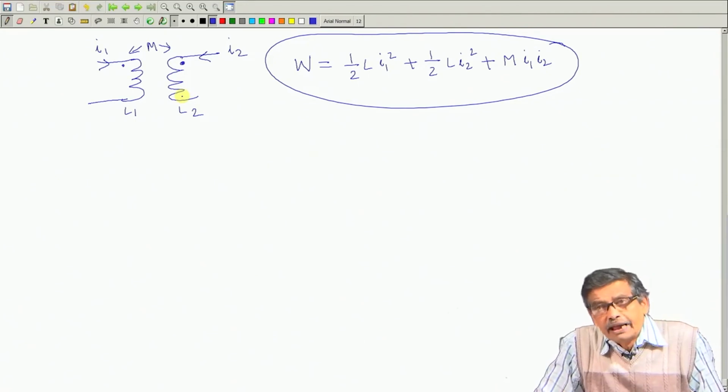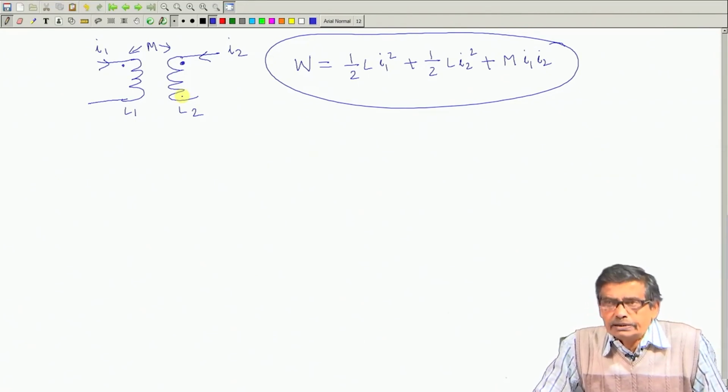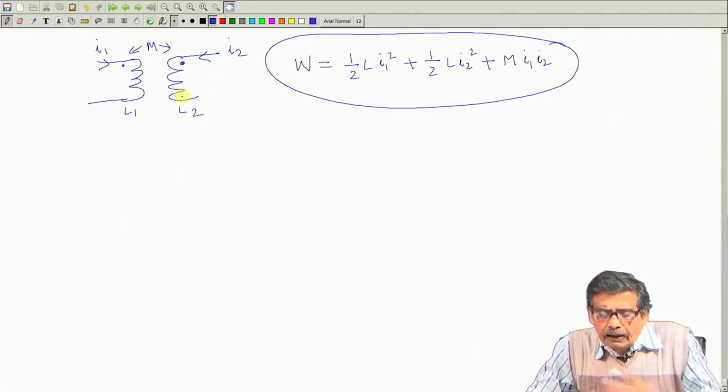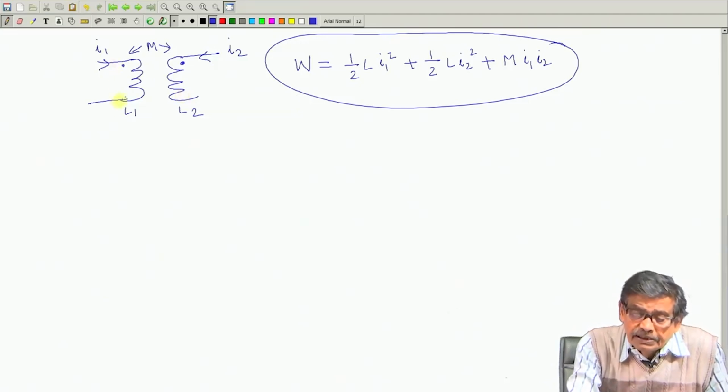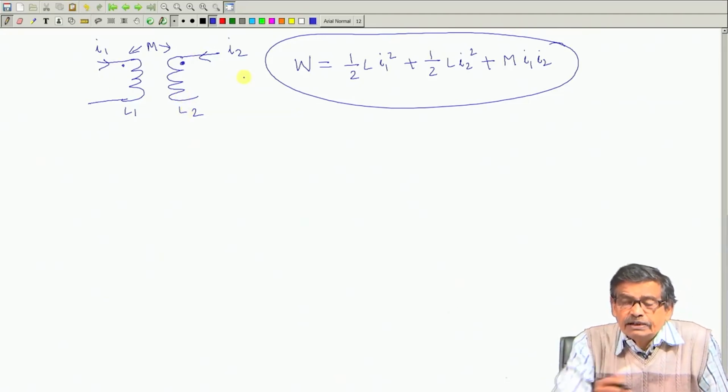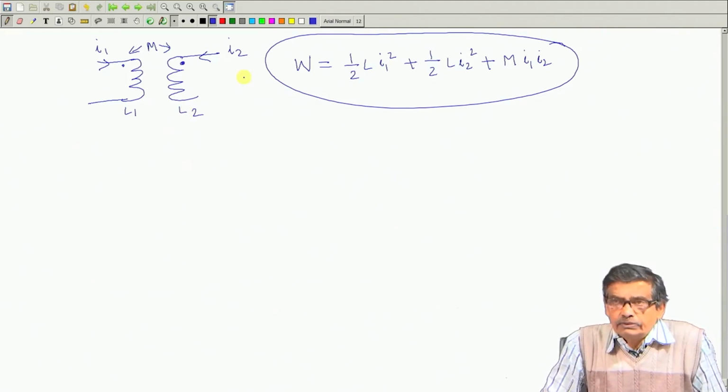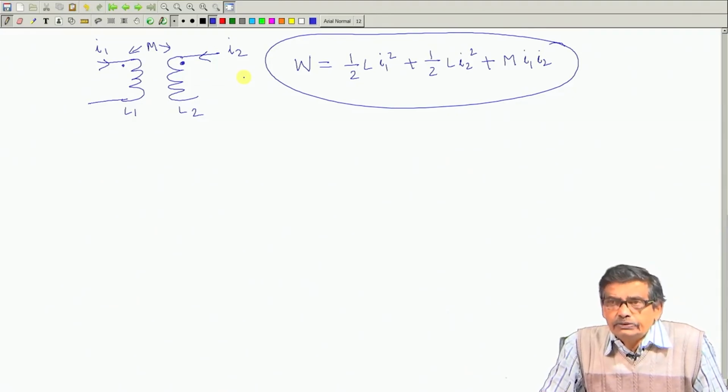Although coils may carry current and they will just store energy, there will be no voltage drop across AB and CD if I1, I2 happen to be constant values, because dI1 dt, dI2 dt all vanish to 0.